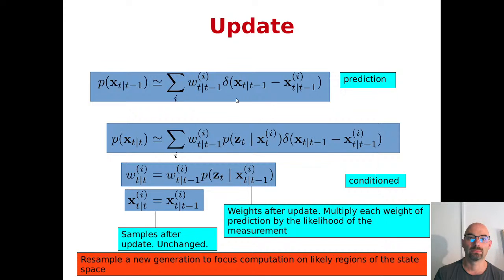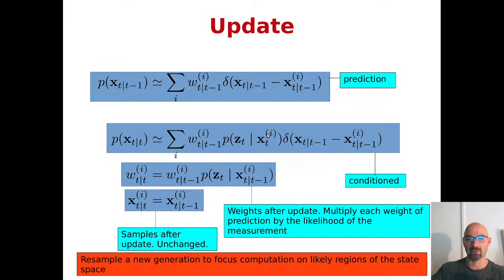Okay? So, if this is our set of states, our hypothesis on the predicted state, which is still represented by a sampled distribution, I could straightforwardly generate the joint distribution just by attaching to each of these samples the conditional distribution of the measurement given the value of the sample to which I attach it.